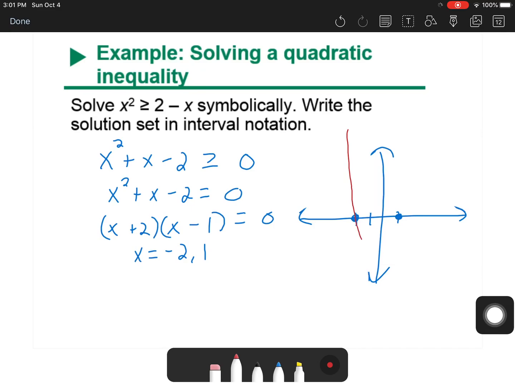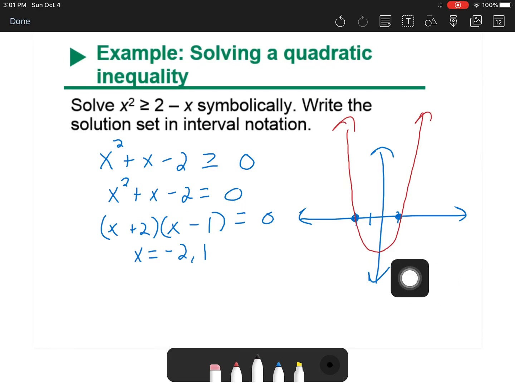So my graph is going to do something like this, right? And what's really important is that I know in this interval right here, I've got positive function values. So this part's positive. In between negative 2 and positive 1, that's negative because the graph is below the x-axis, and then again we're positive on the right side. So this is positive again.